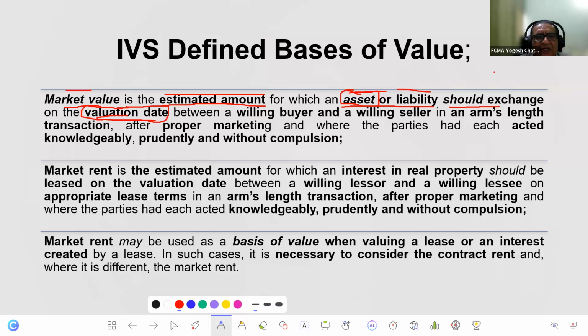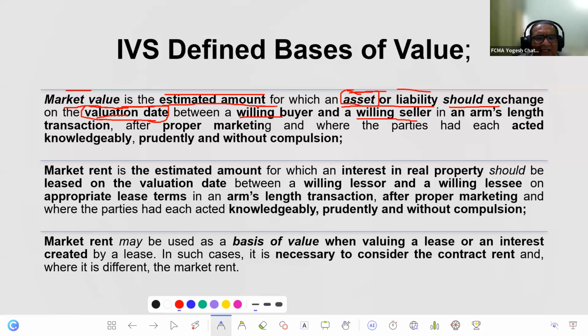So what valuers are expected to do is to estimate the value on the valuation date based on the circumstances, considerations and factors prevailing on the valuation date. That is the validity of the valuation report issued by the valuer, and that needs to be specifically mentioned in the valuation report. So on the valuation date, between a willing buyer and a willing seller.